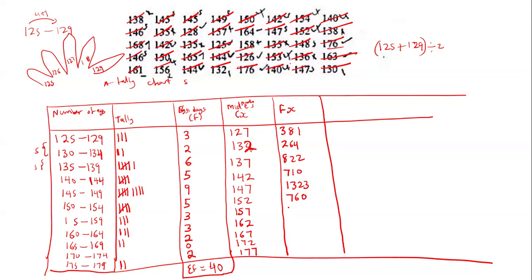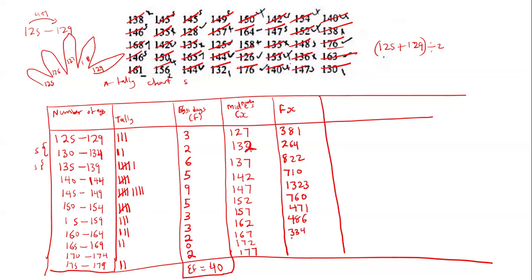Then which is the next? 157 times 3, giving us 471. Then 162 times 3, giving us 486. 167 times 2, giving us 334.